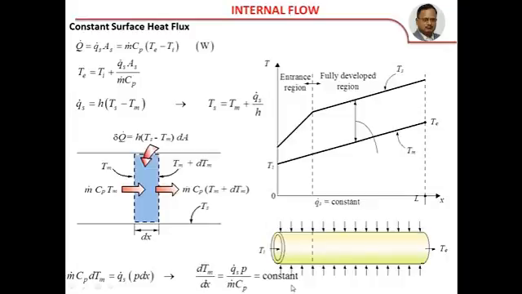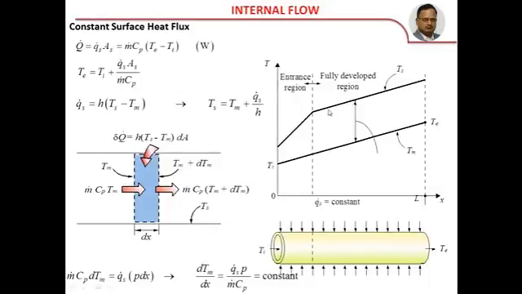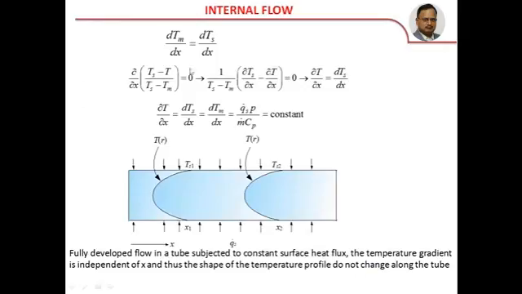Therefore the slope of the average temperature with reference to x, if you draw it, is a constant. dTm by dx remains constant. And this dTm by dx is equal to dTs by dx, because whatever change occurs in this, the same change will occur in the surface temperature also.